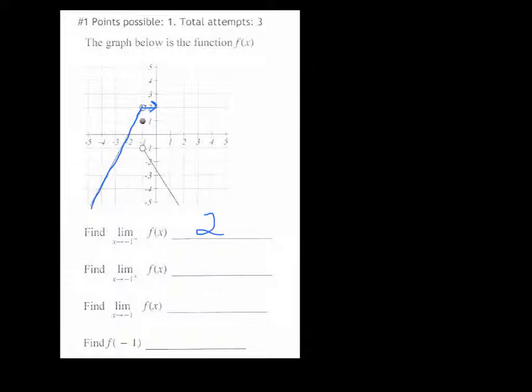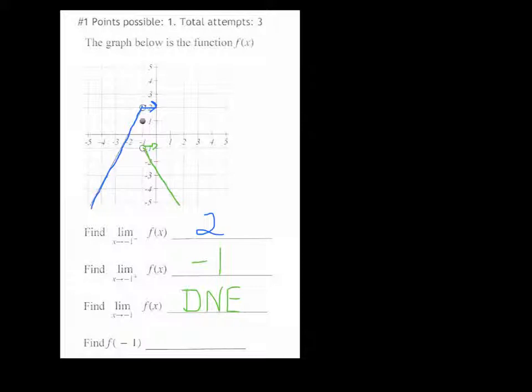For the second one, we're getting to -1 but from the right now. So we're going to use the right graph, go to -1, and the y value that matches up is -1. Now the limit as x approaches -1 of f of x doesn't exist because from the left it's 2 and from the right it's -1.